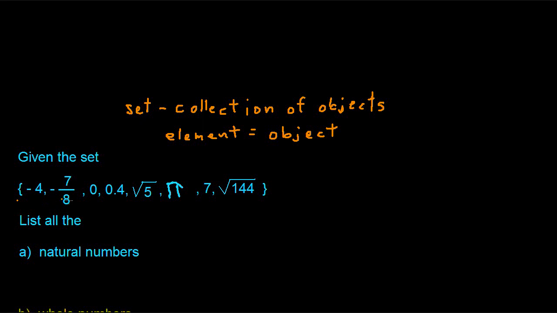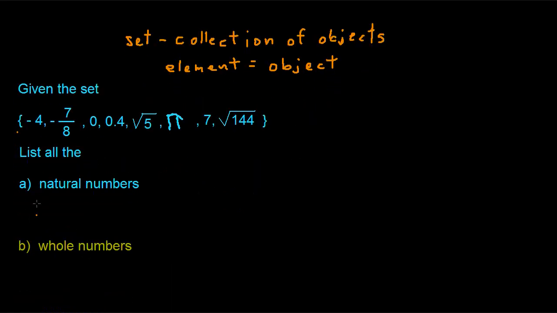And inside we have -4, -7/8, 0, 4/10, square root of 5, pi, 7, and the square root of 144. Those are the elements. Now, first we're to list all the natural numbers. We've discussed in a previous video what natural numbers are. They are counting numbers, and in this case we see a counting number in there, 7.